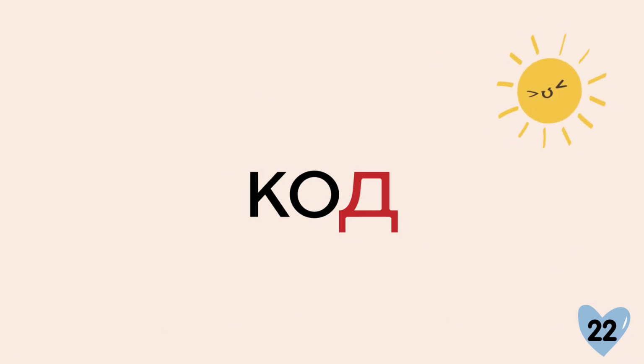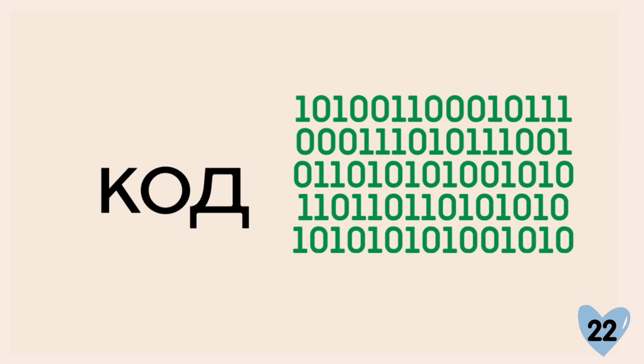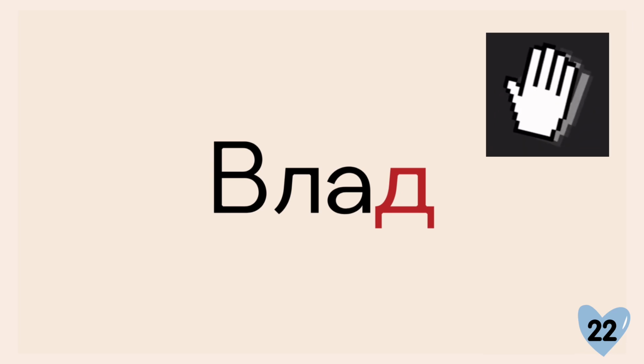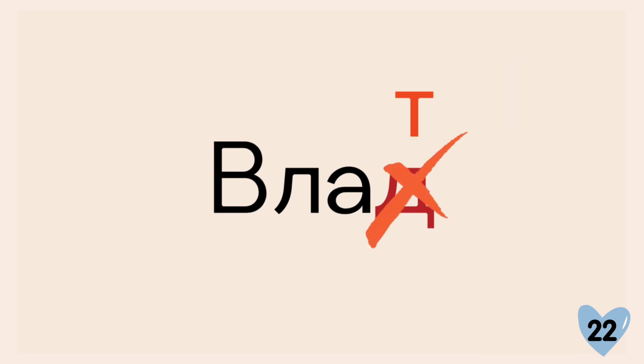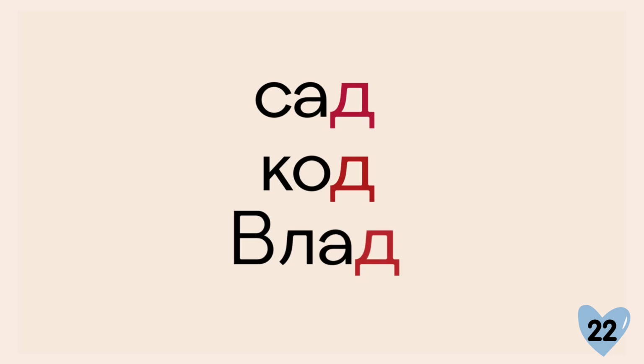You've got this. That's кот. It's cat, not code. Different word. The next word is, read it yourself first. That's right. That's Vlad. It's a Russian male name. See? Nothing scary. You just read Russian words correctly.